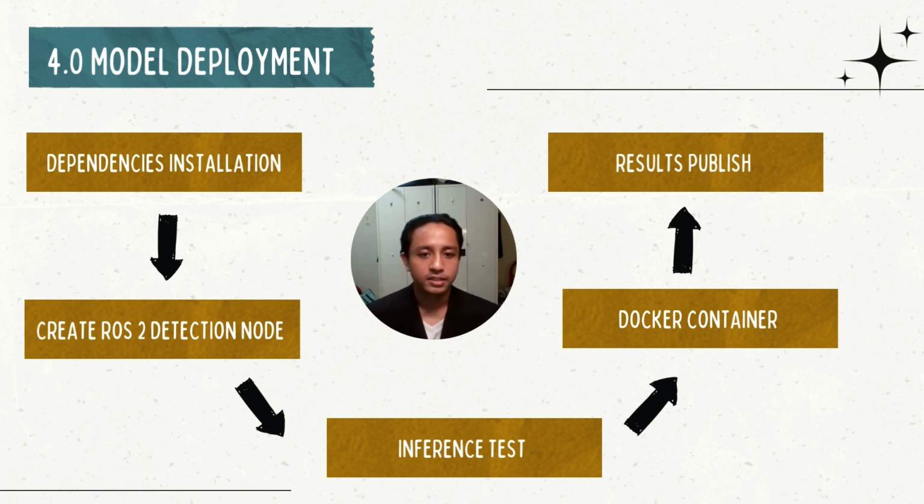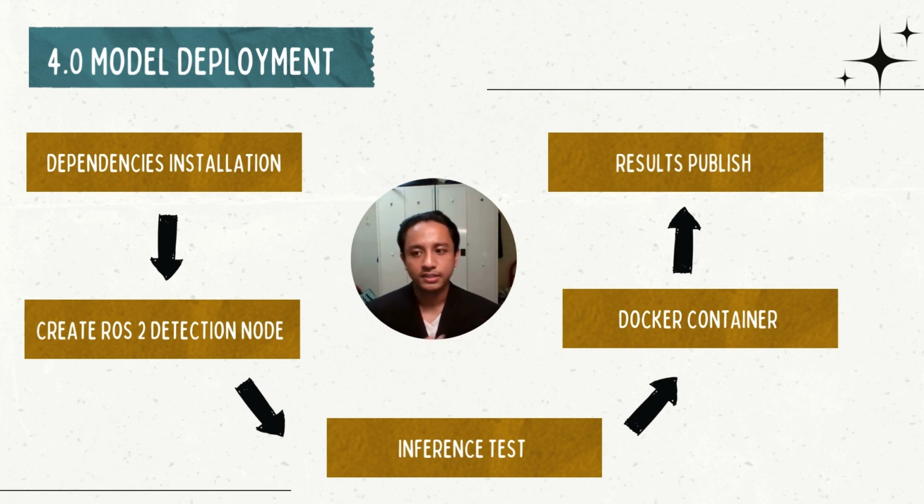The next one is creating a ROS2 detection node. The ROS2 node was written in Python, and it is necessary to complete the real-time detection process. This node subscribes to one topic.